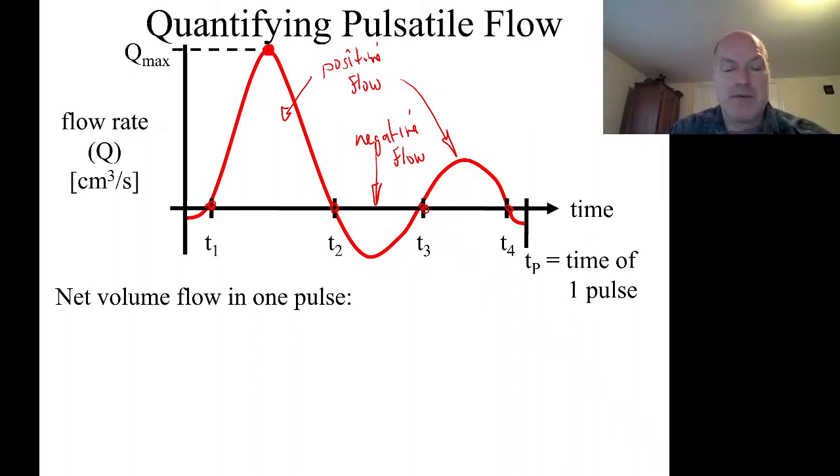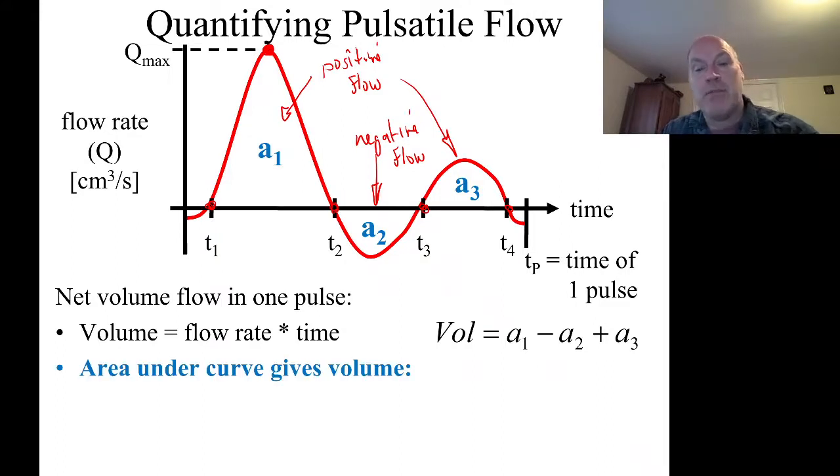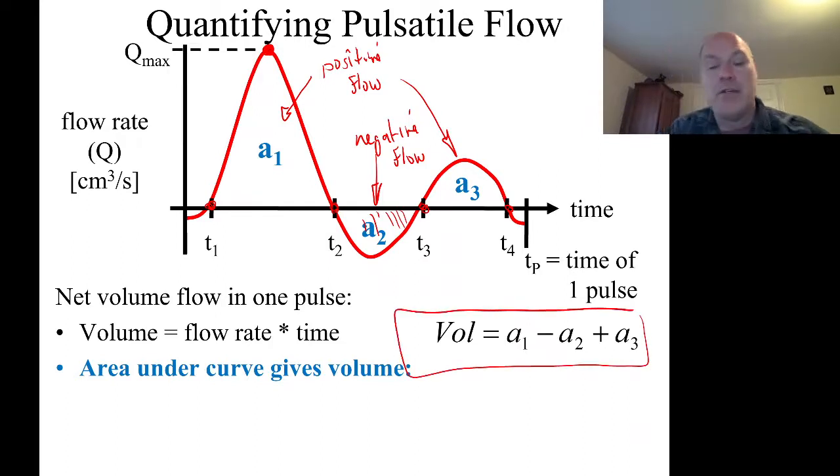So how are we going to figure that out from this graph? The volume is going to be equal to the sum of those areas. Since the second area is negative, it's this formula here at the bottom. Volume is equal to area 1 minus area 2 plus area 3. That's how we're going to figure it out.